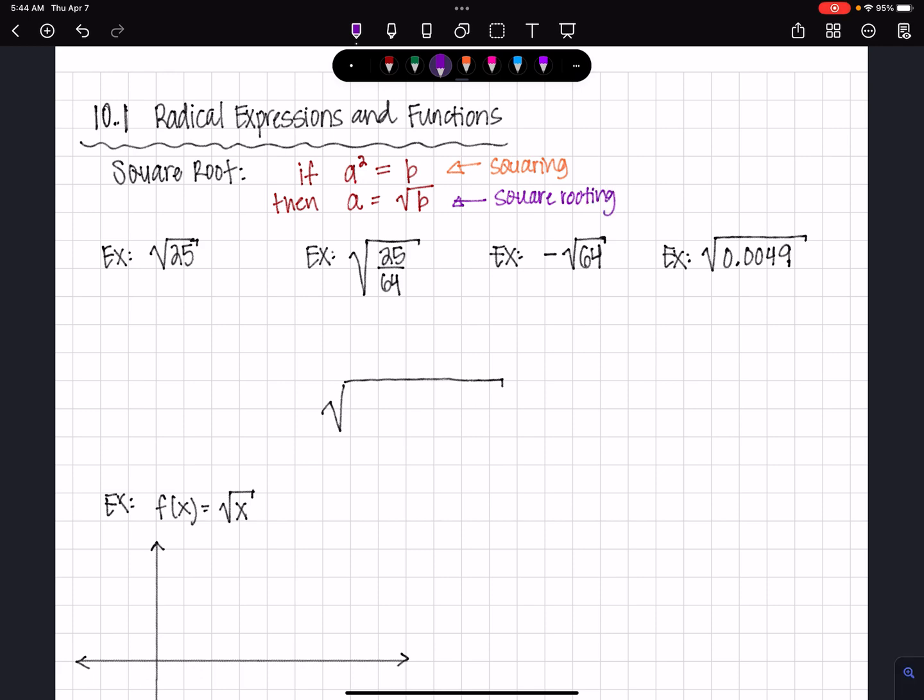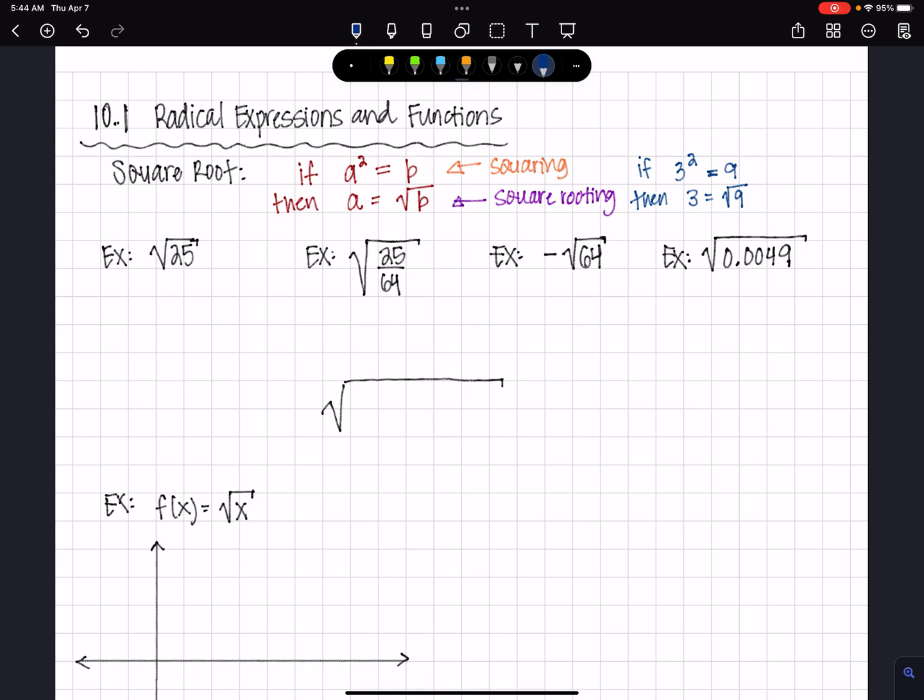It's a little bit easier to see with real numbers, so I'm going to put this into perspective with some numbers that we can feel comfortable with. If I have 3 squared equals 9, then 3 is equal to the square root of 9.